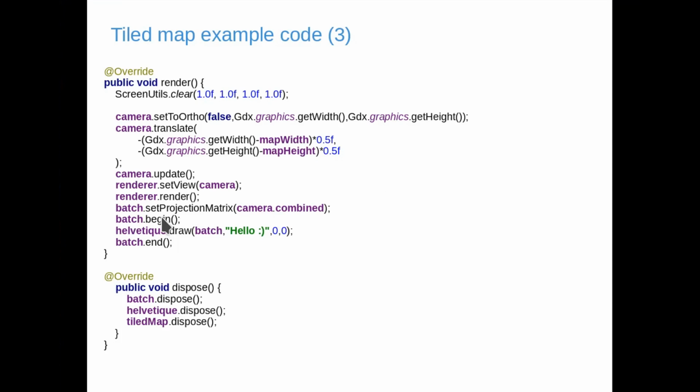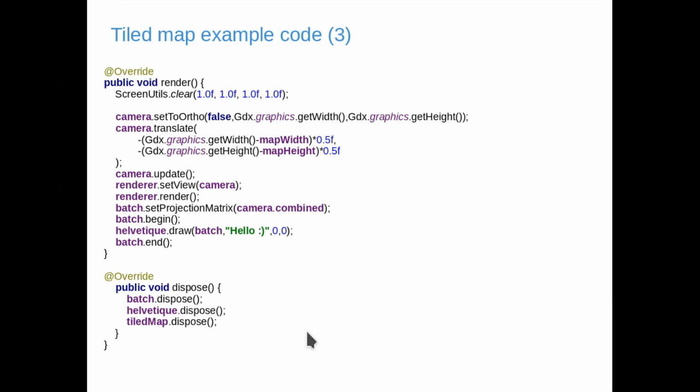And after this, I perform the batch draw. And again, I start the batch draw with set projection matrix to camera combined. Again, it tells the batch how to look at the world plane after it has drawn whatever I ask it to draw. And then I draw hello smiley at the world coordinates 0, 0.